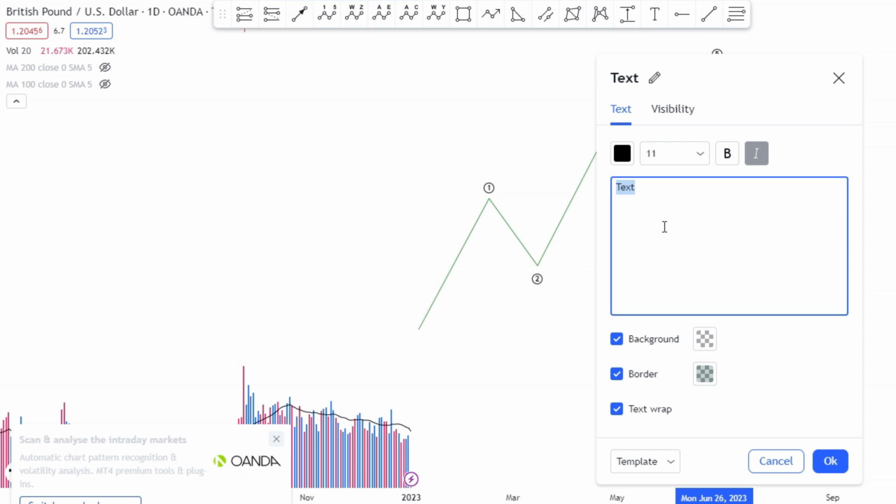The first rule is wave 2 cannot retrace more than 100% of wave 1.